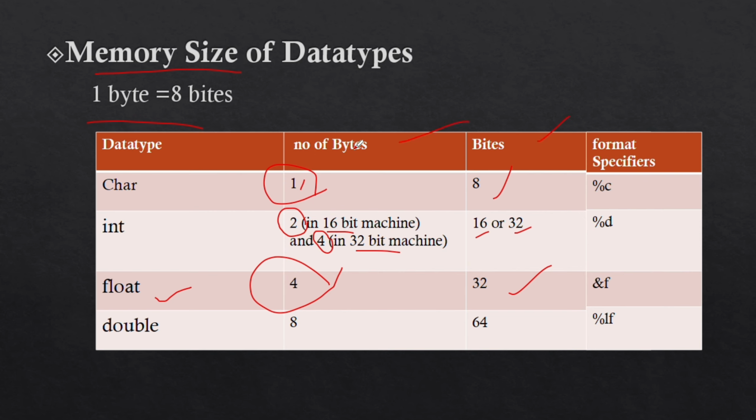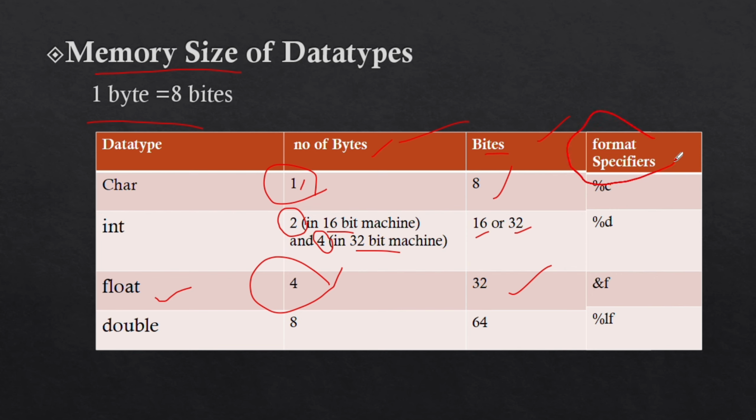Just now I have explained these are the memory spaces, the space which is allocated by the compiler. We'll be learning that in terms of bytes and bits. So for a character it is 1 byte, integer 2 bytes or 4 bytes, float 4 bytes, double 8 bytes.